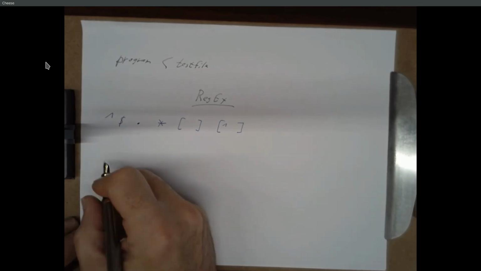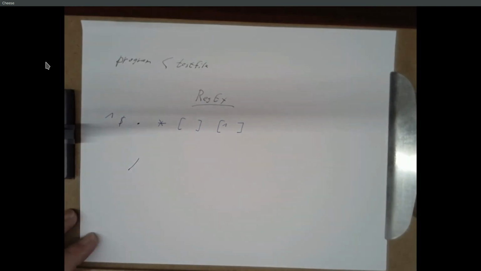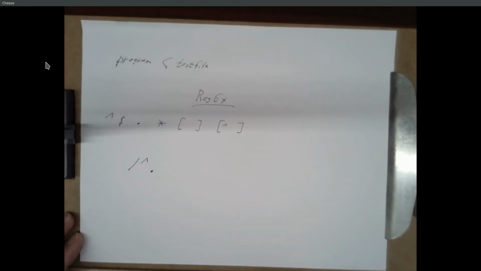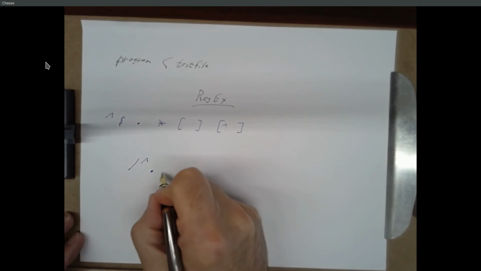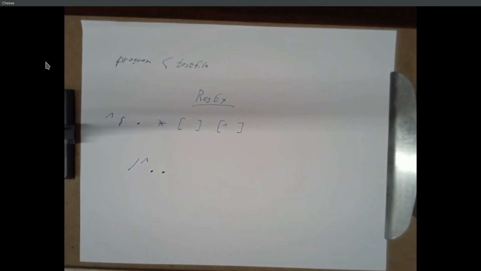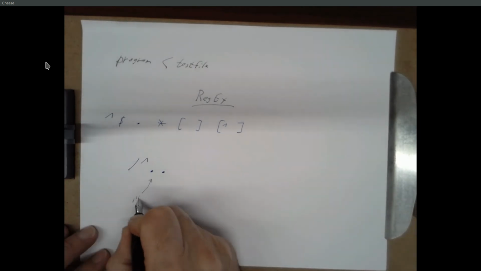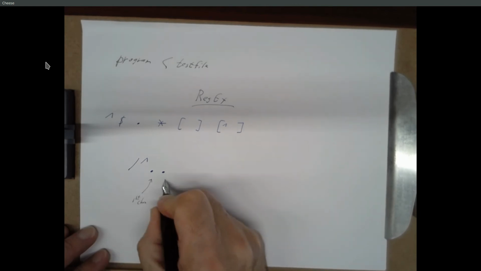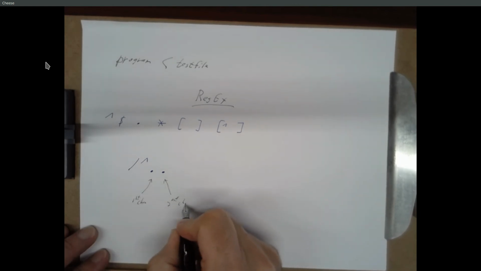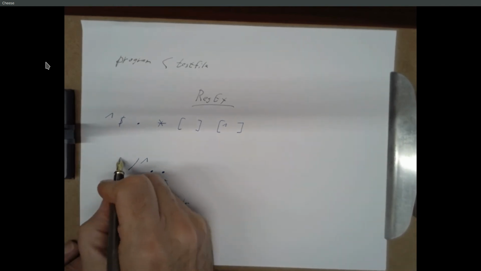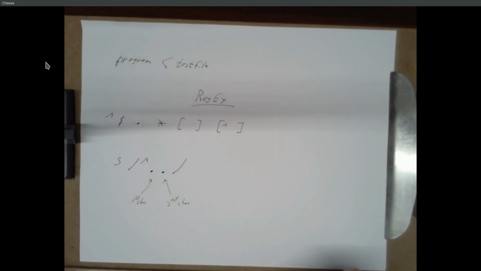So I know I can search for the first character by saying caret followed by a period, and I can find the second character by putting another period. So if I search for a pattern which is caret period period, this period will match the first character. This period will match the second character. And what I'd really like to do is substitute that with the second character followed by the first character.